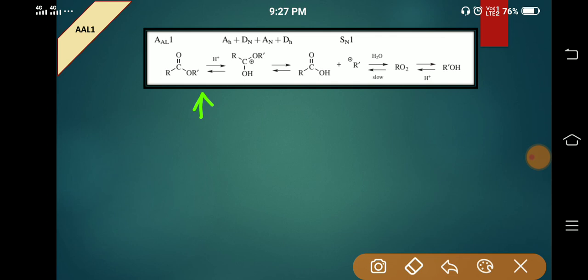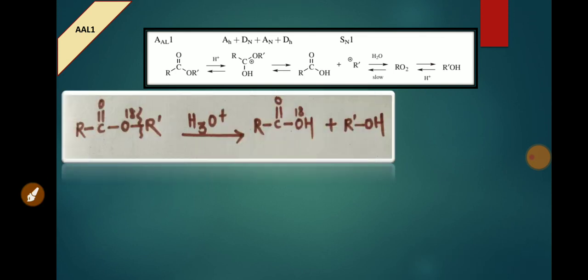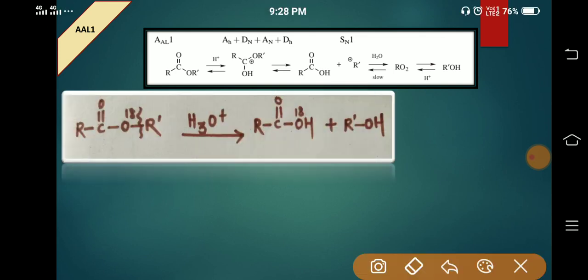Basically, secondary and benzylic acetates hydrolyze by the AAC2 mechanism in dilute sulfuric acid. But to carry out this AAL1 type of mechanism, we require concentrated acid. This type of mechanism can be confirmed by kinetic studies using isotopically labeled oxygen atoms.